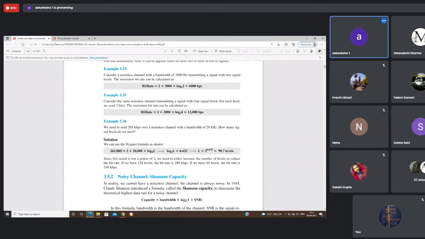So 265,000 bits per second, that is 265 kbps. Then we have 20 kilohertz of bandwidth.